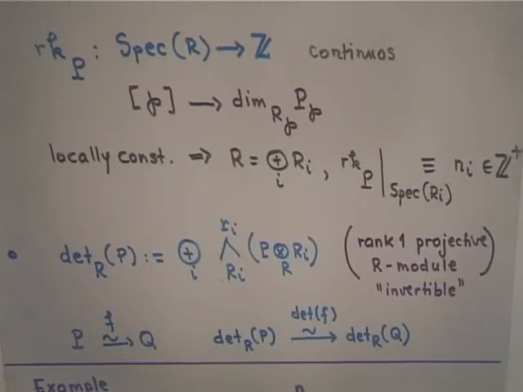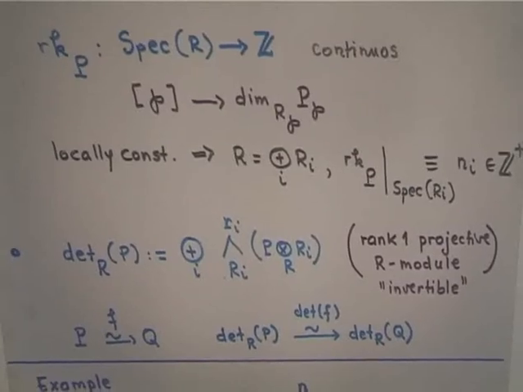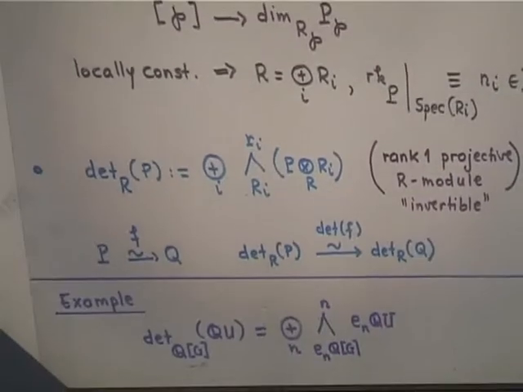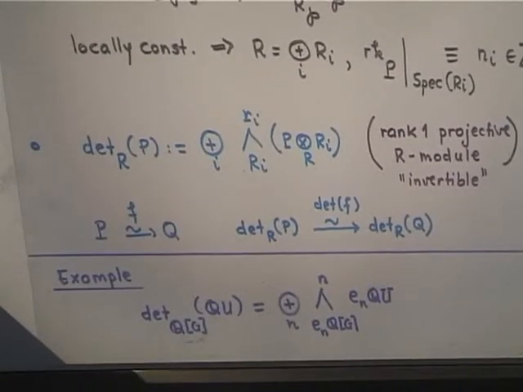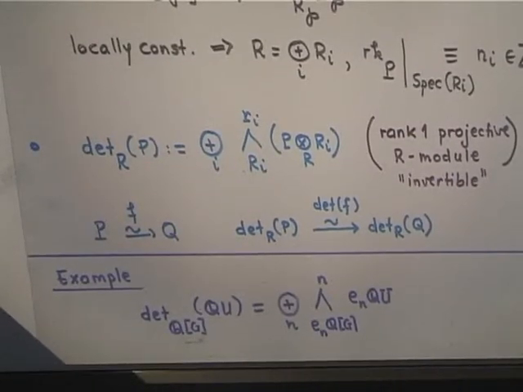All right, but this is very simple. Once I have this stratification, I can consider the determinant over R of this projective module, which is the direct sum over all these i's of the Ni-th exterior power over Ri of P tensor over R with Ri.